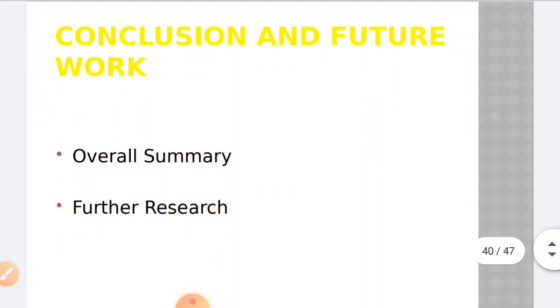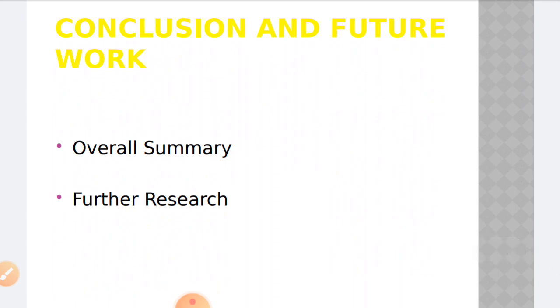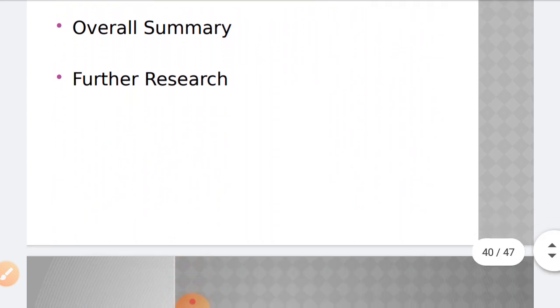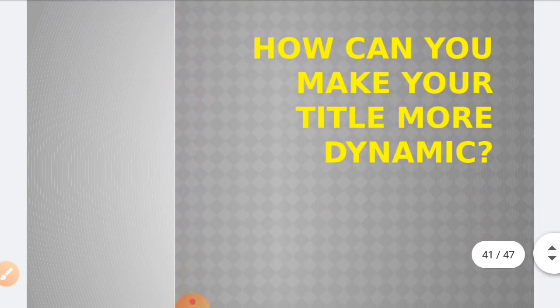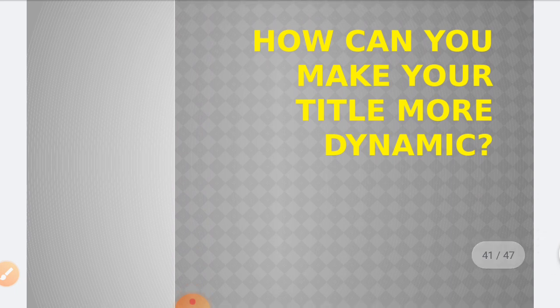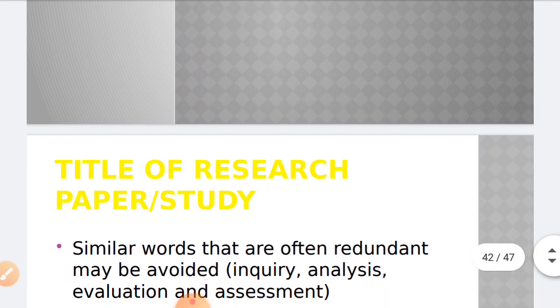Conclusion and future work usually includes the overall summary, summarization of the entire paper, and further research, scope for further research. How can you make the title of your research paper more dynamic?